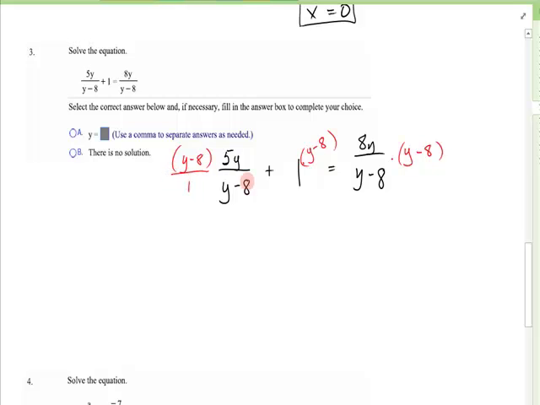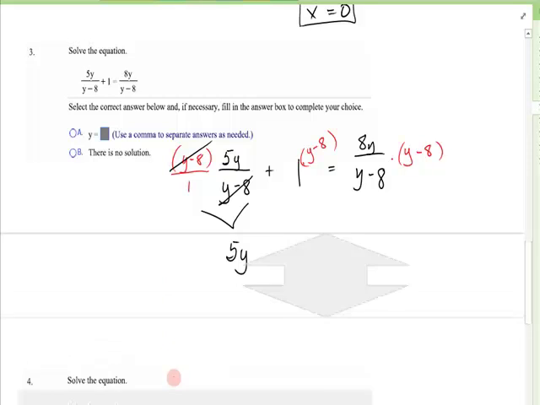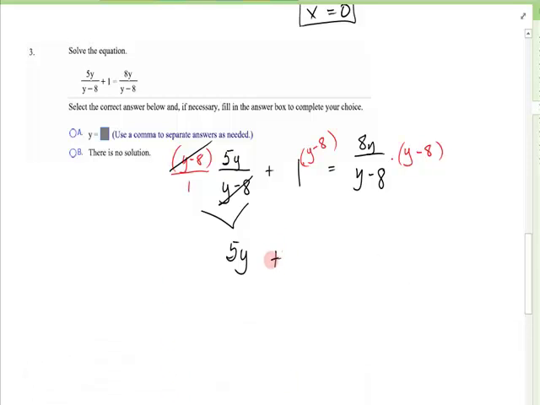For the first one, the y minus 8's divide out, and I get 5y. For the next one, I have 1 times y minus 8, which is y minus 8. For the last one, the y minus 8's divide out, and I get 8y.